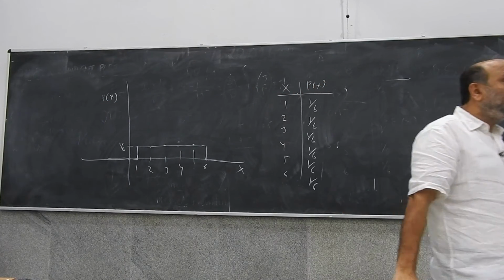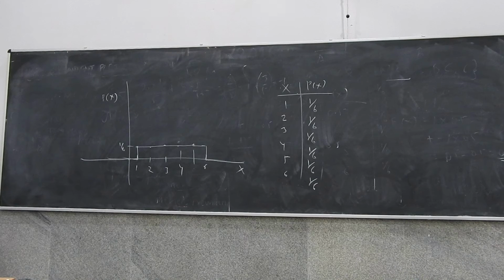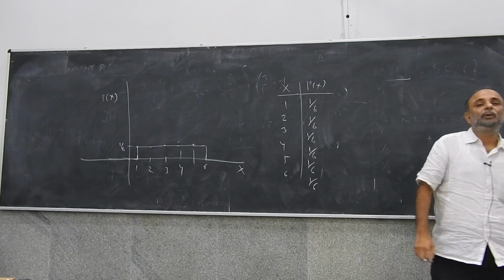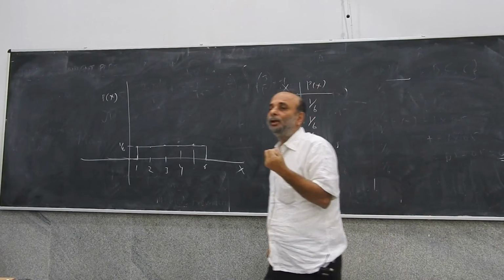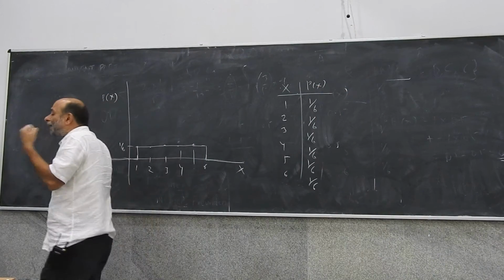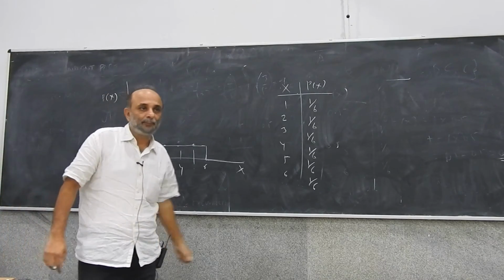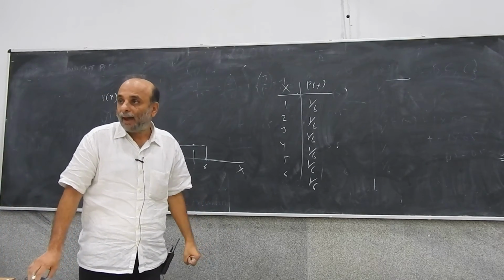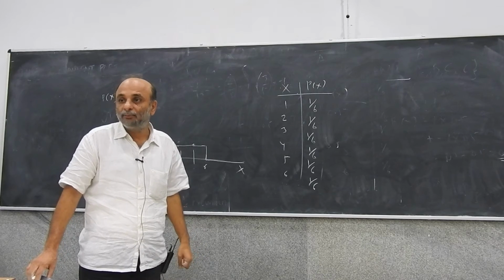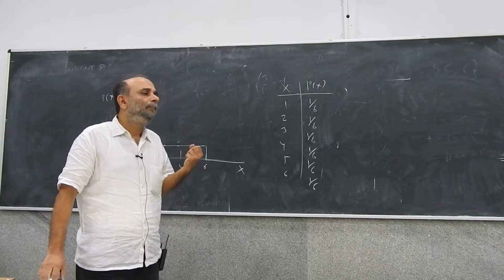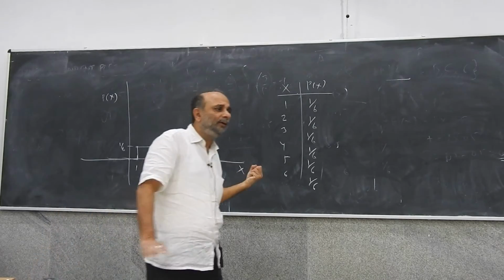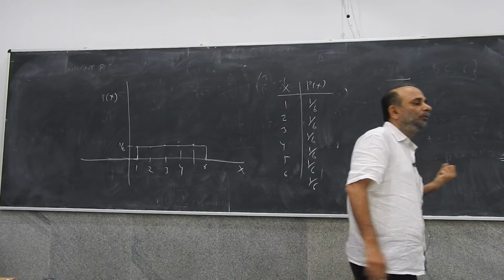Now, why is what we have just learned very important? Because suppose you want to understand the average income of a person in Mumbai. If you really wanted to arrive at that number, what would you do?